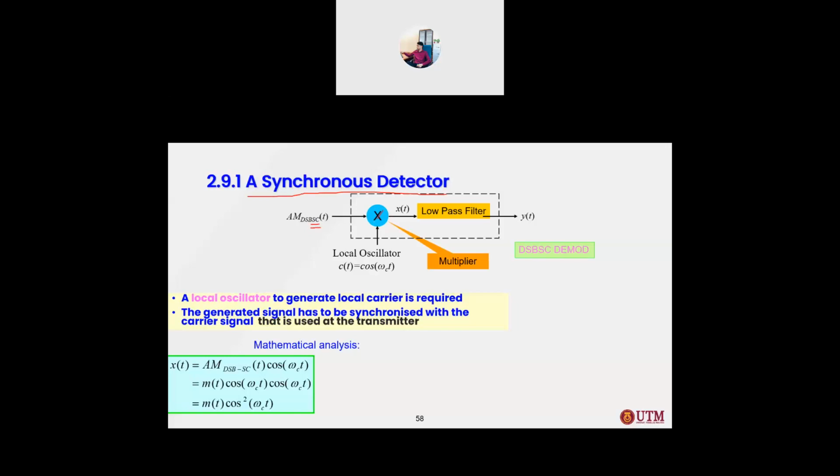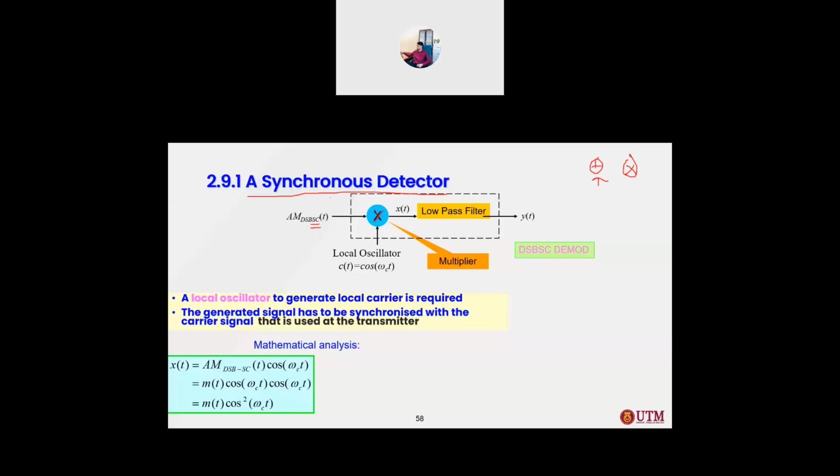This one is obviously a mixer, so you need to be able to appreciate, if you are given this or that, which of them is which. This one is definitely a mixer, and this one is an adder, where you add them, combine them. So you have the double sideband suppressed carrier, then you mix it with a local oscillator.